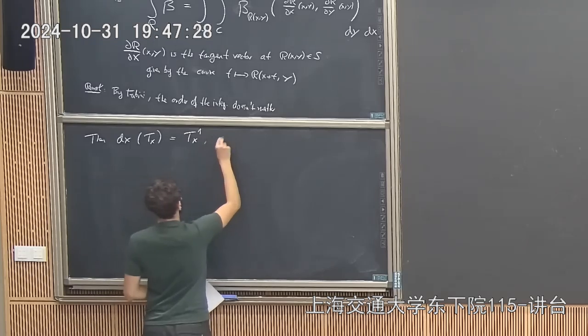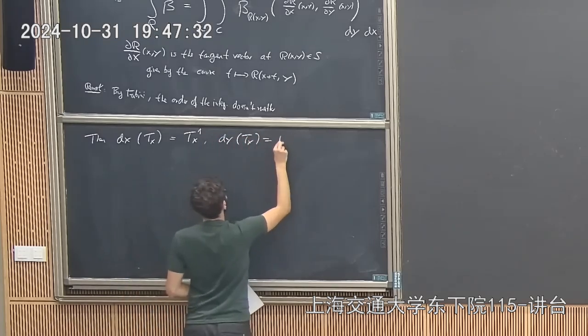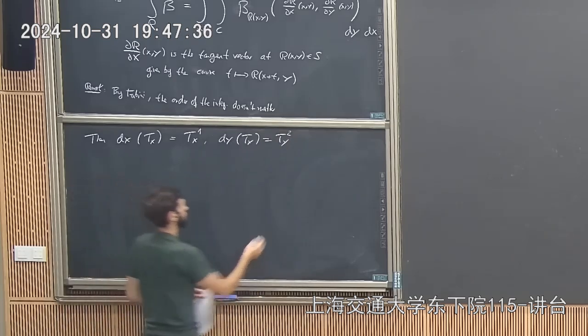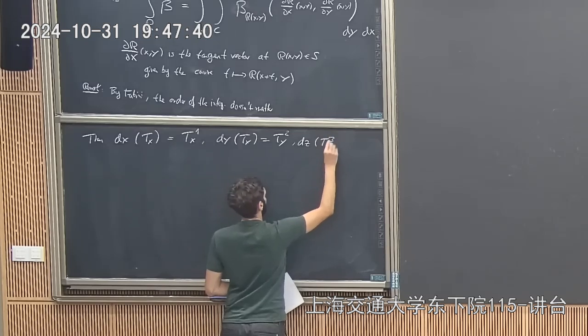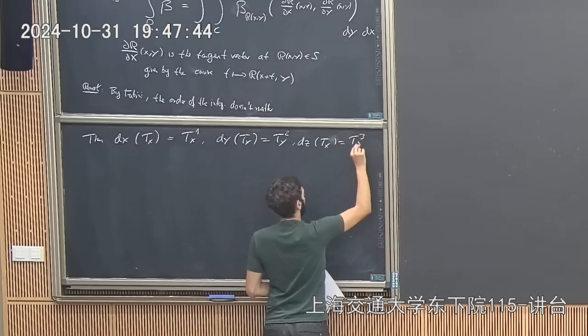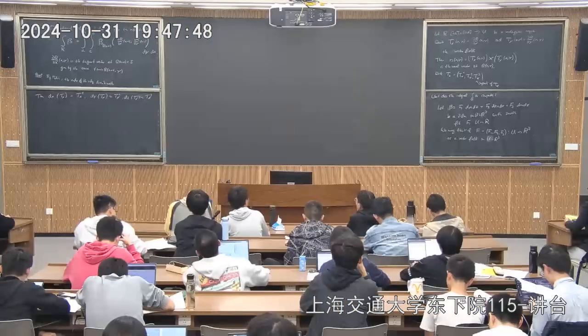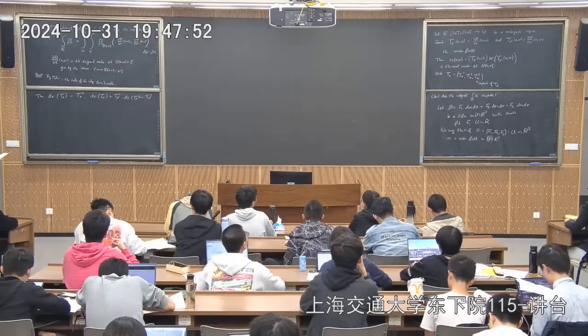Similarly for Ty, and so on. So these are really the components of this vector field Tx.